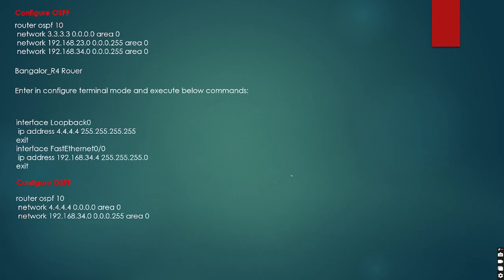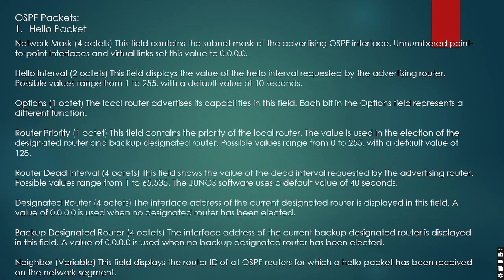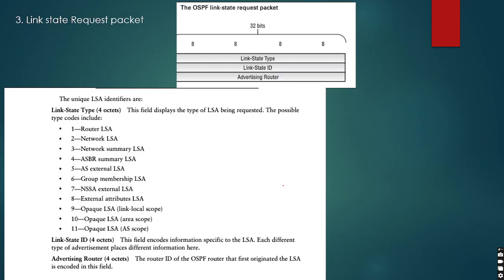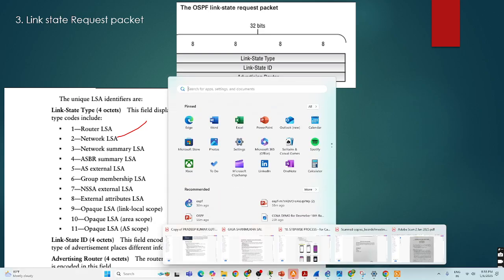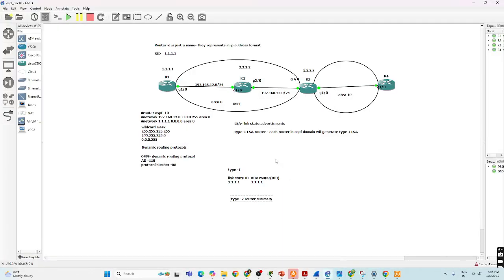If you see here in PowerPoint, there are a lot of LSAs. This is called the network LSA. It means this 12.0 is a network.